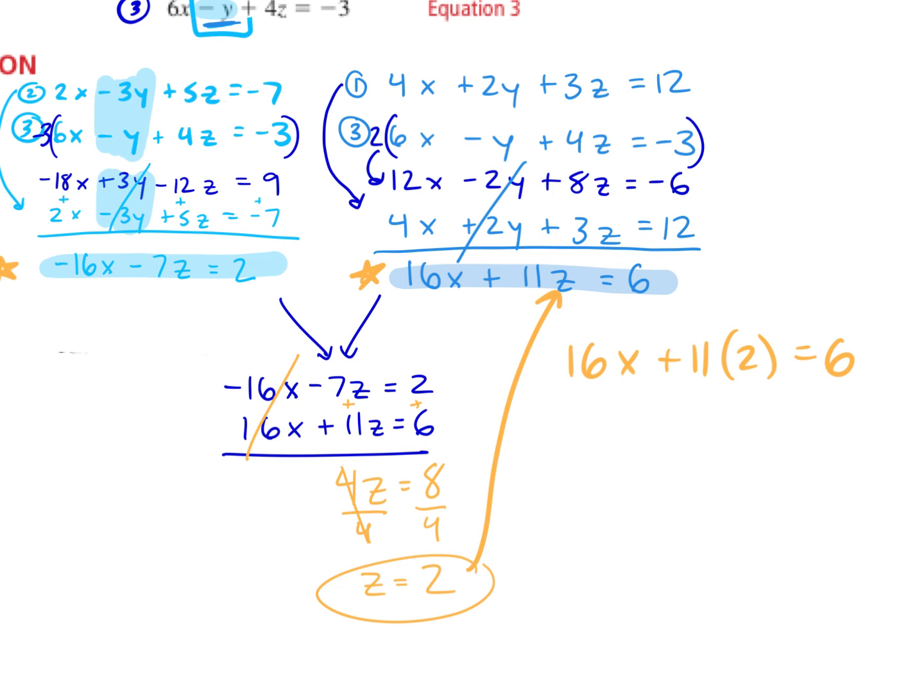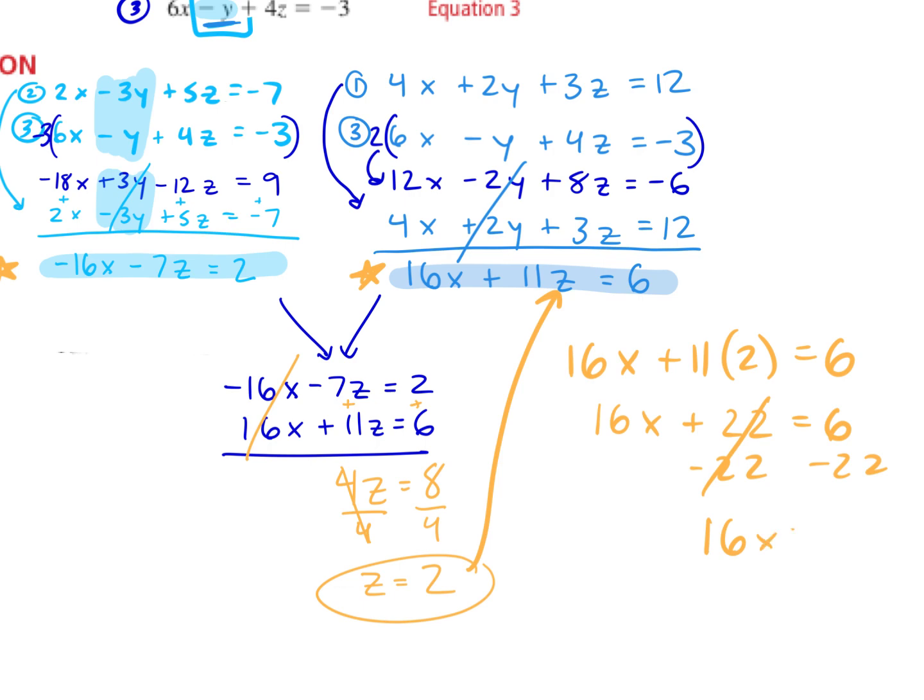What do I do next? Multiply. 16x plus 22 is equal to 6. What's next? Subtract the 22.